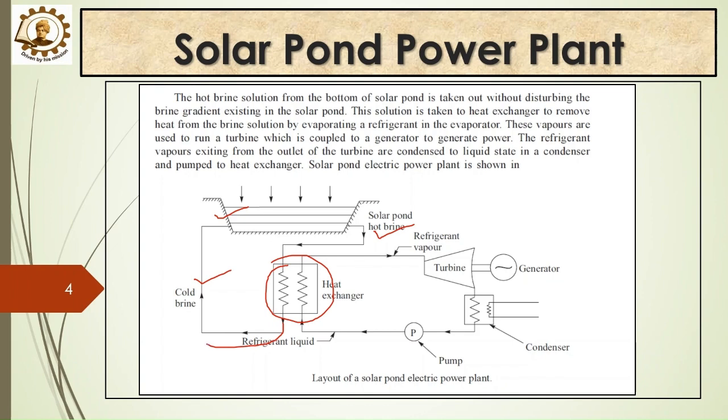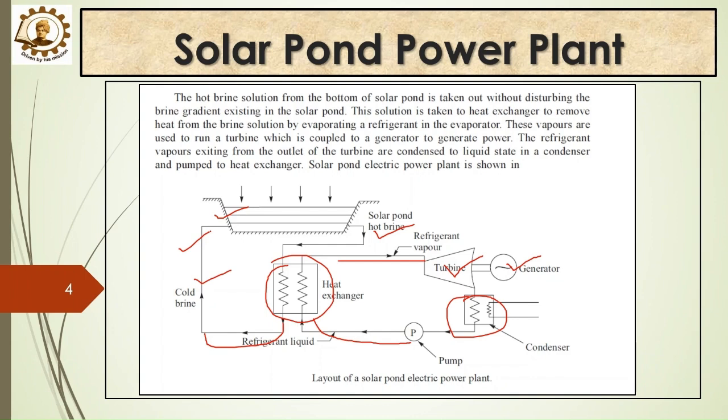From the heat exchanger, the refrigerant liquid is pumped, and the refrigerant vapor runs a turbine connected to the generator, and a condenser returns the water back to the cold brine system. The hot brine solution from the bottom of the solar pond is taken out without disturbing the brine gradient.